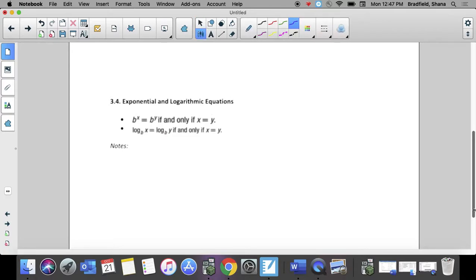So in that first example, we've got b to the x equals b to the y. Well, b is my base, so I would take the log base b of both of those. And the result would be x equals y.